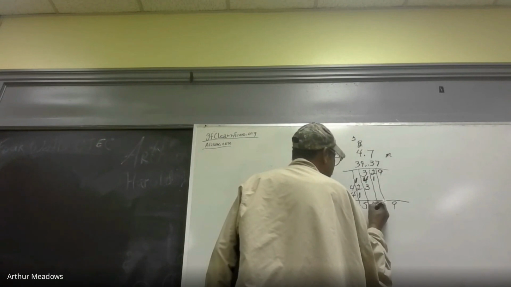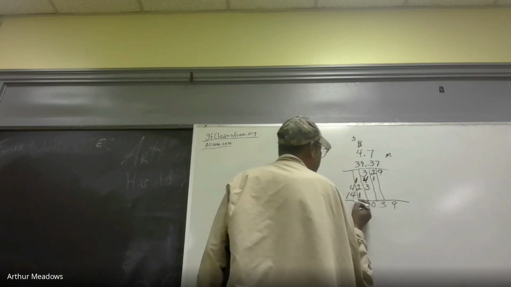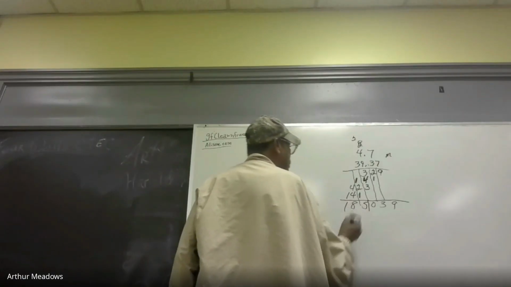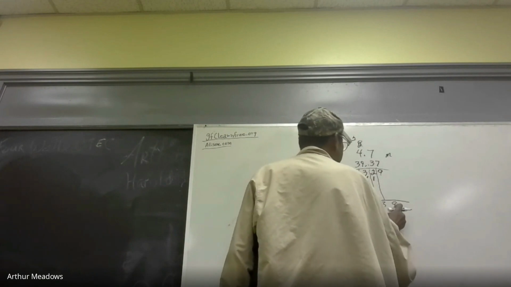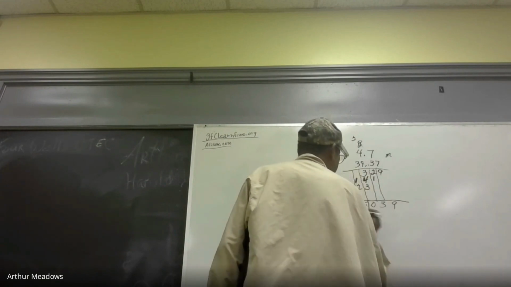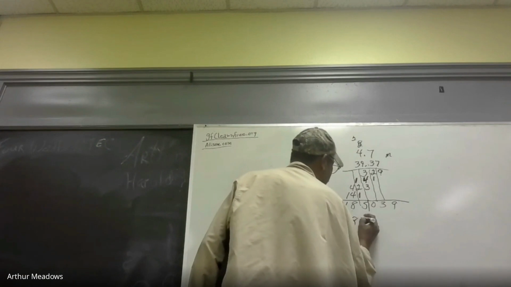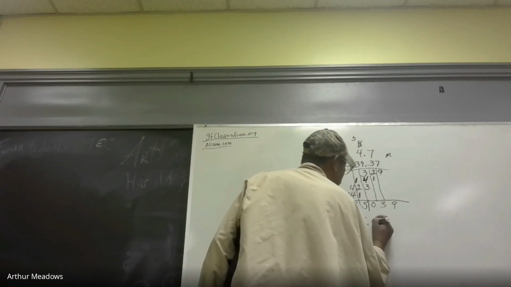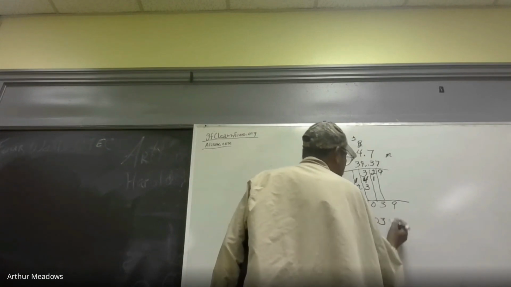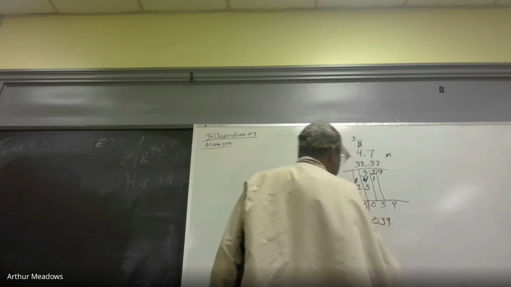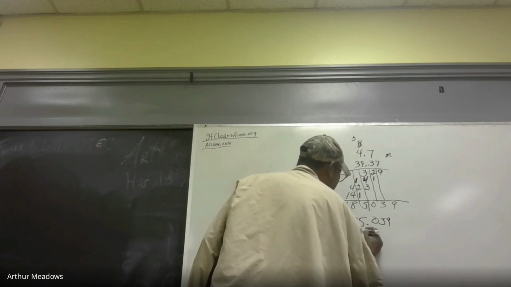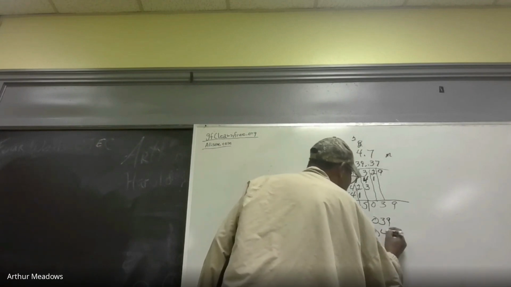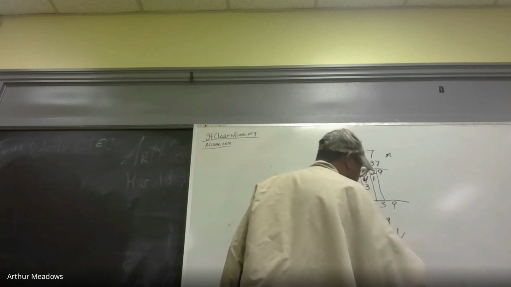You have 3 decimal places, 1, 2, 3. So the answer is 185.04 hundredths.